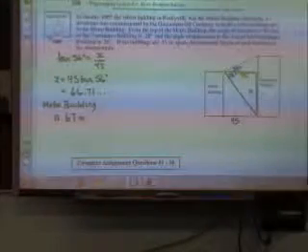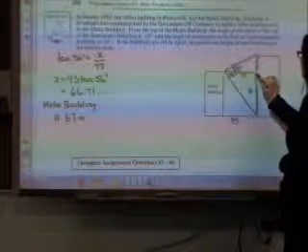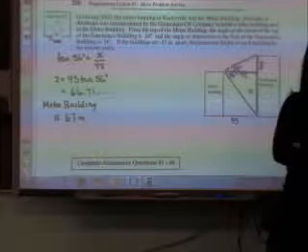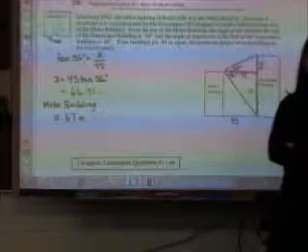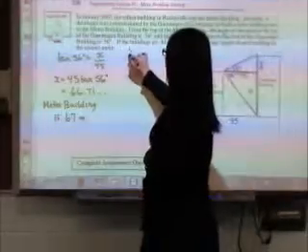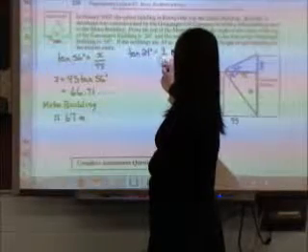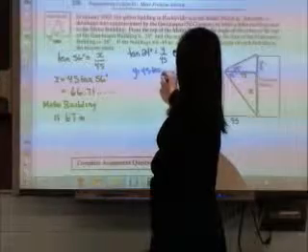Okay, how do I find the Gamma Pro building? Just add the extra. Use that triangle at the top. So I would find this part here, we can call it y. What trig function would I use? Tan again. So this time it would be tan 24 is y over 45. And I would multiply.